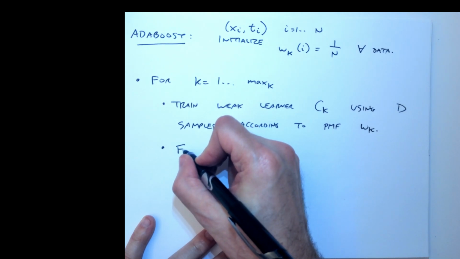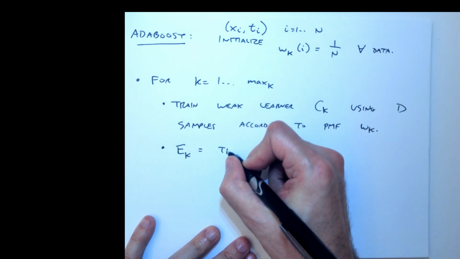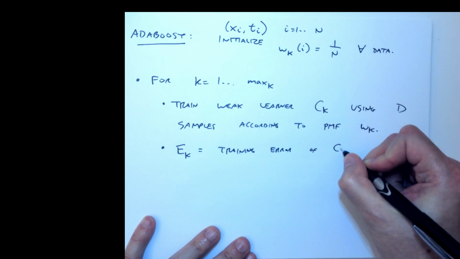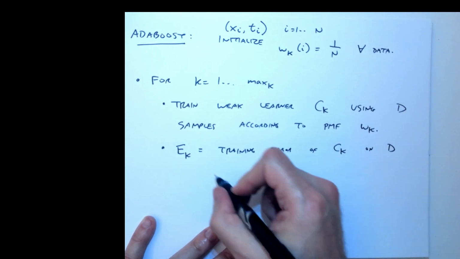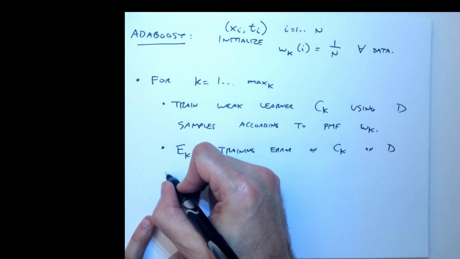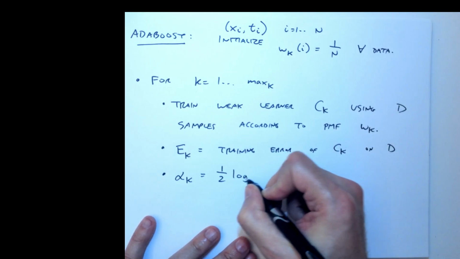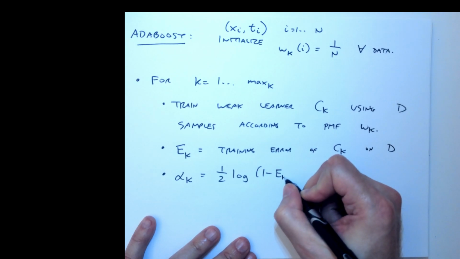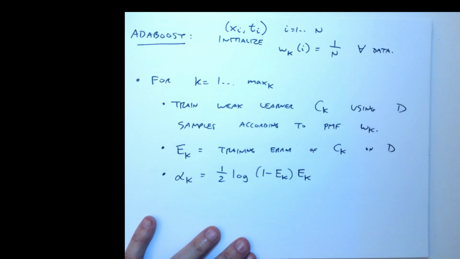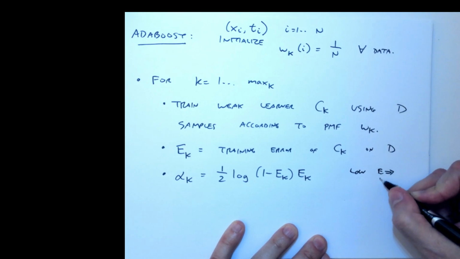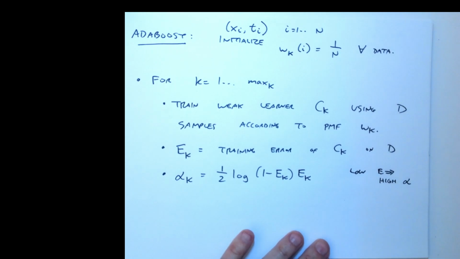So now I'm going to let the error equal the training error of C_k on this data set. And now let alpha_k equal some function of the error. Don't worry too much about the form of this function. It's just what they use in AdaBoost. The basic idea, though, is that if I have a low error, then I have a high alpha, right?